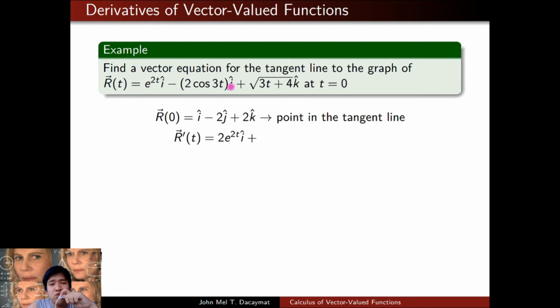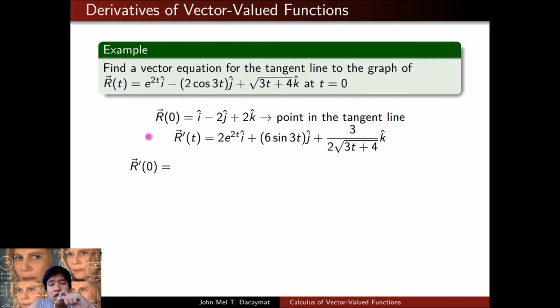Itong negative 2 cosine 3t, if you differentiate, cosine 3t becomes negative 3 sine 3t, may negative 2 ka nakasama dito. That's positive 6 sine 3t. This one, when differentiated, kaya nyo na yan, it's this one. So this is r prime of t. We want r prime of 0 for our direction vector.